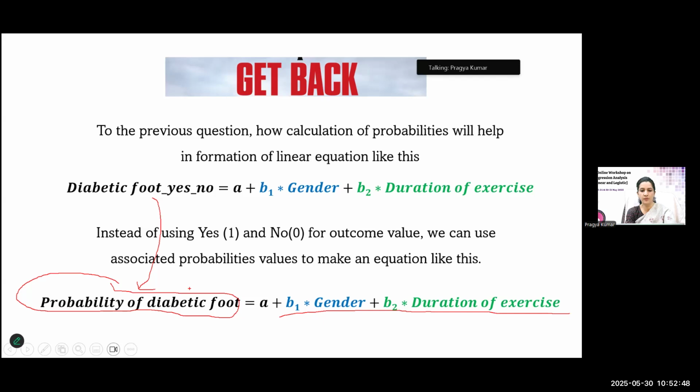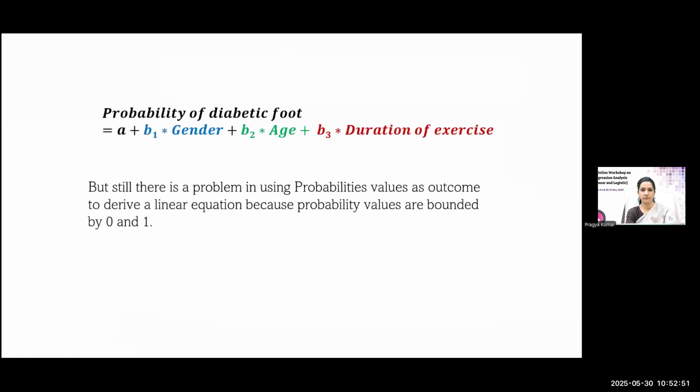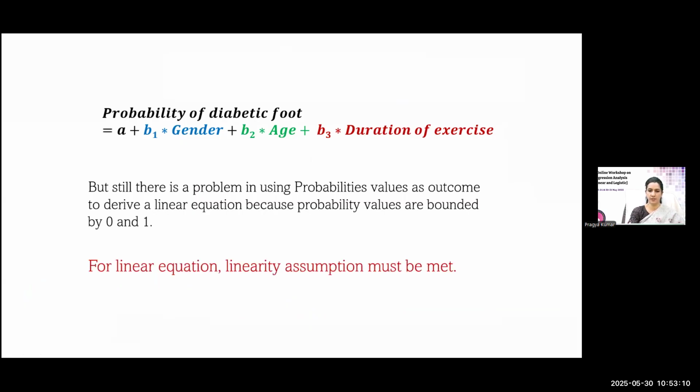But there is a problem with this probability also. Because the probability can only lie between 0 and 1. Probability value cannot go beyond 1, and cannot go less than 0. But we know that it is a linear equation, and in linear regression we have learned the equation that should be fitted, like y is equal to a plus bx.